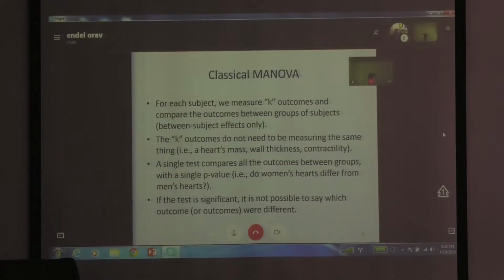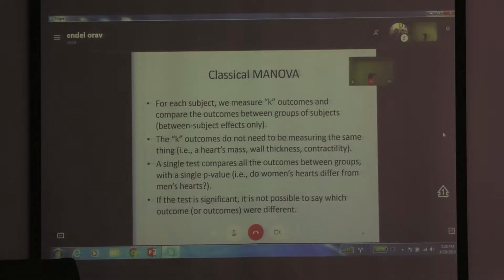And if the test comes out non-significant, you're usually unhappy because it doesn't mean the heart mass didn't differ. It just means the combination of the three didn't differ, and so you still end up going and comparing heart mass between men and women. So MANOVA is possible, single test comparing all three between men and women, but the answer usually is not satisfactory from the clinical perspective, and so you rarely see the MANOVA used.